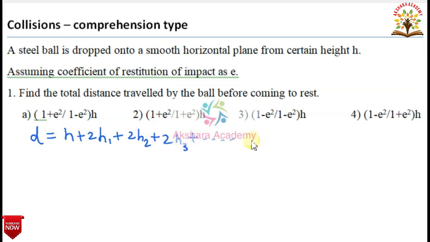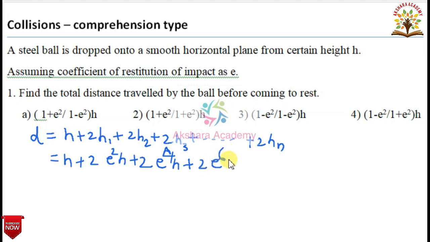plus and so on plus 2hn, that is equal to h plus 2 into e square h plus 2 e power 4 h plus 2 e power 6 h plus and so on, that is equal to h.